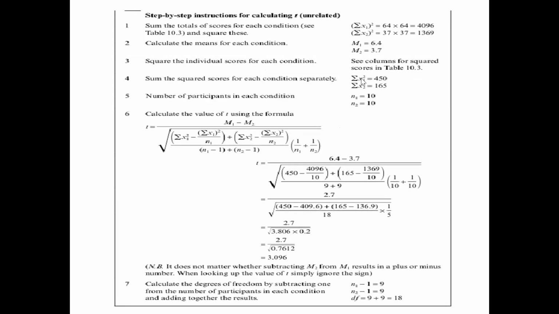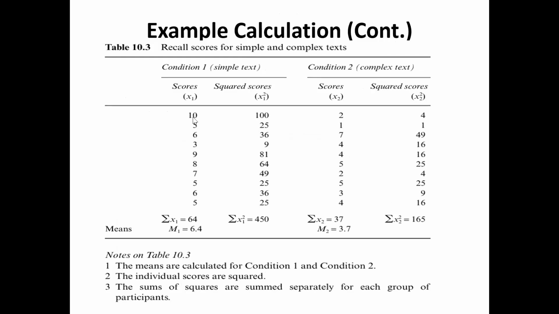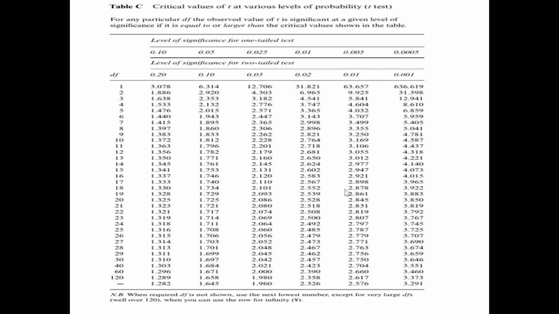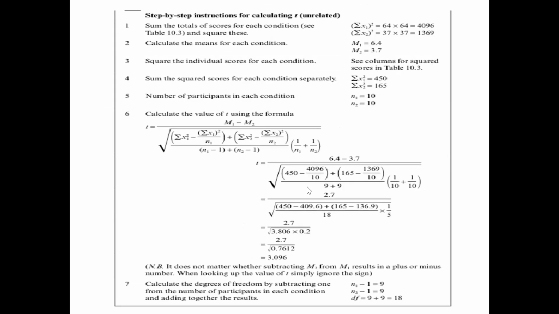This is the sum here. The number of participants for each condition from the table here is 10. If you take a count, there are 10 participants for each condition.